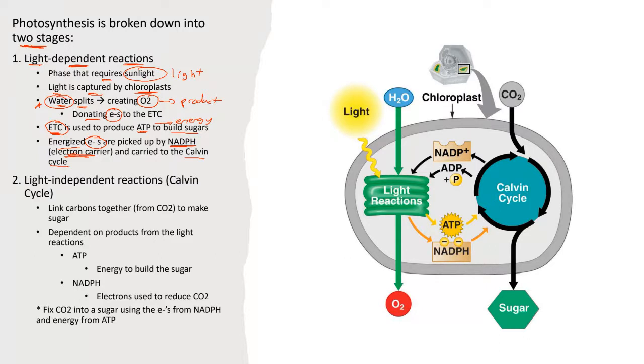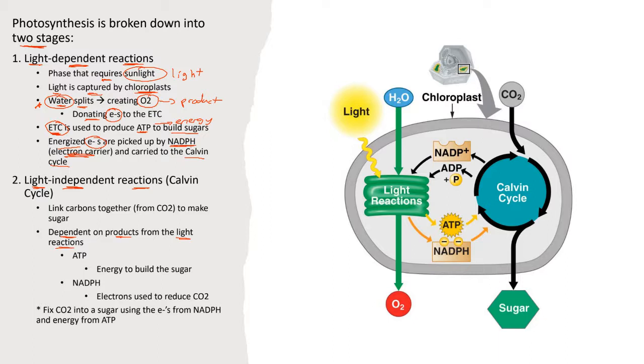That happens first. Then we have the light-independent reactions. Why are they called the light-independent reactions? Because they don't really require light. But this is tricky because it is dependent on the products from the light reactions.